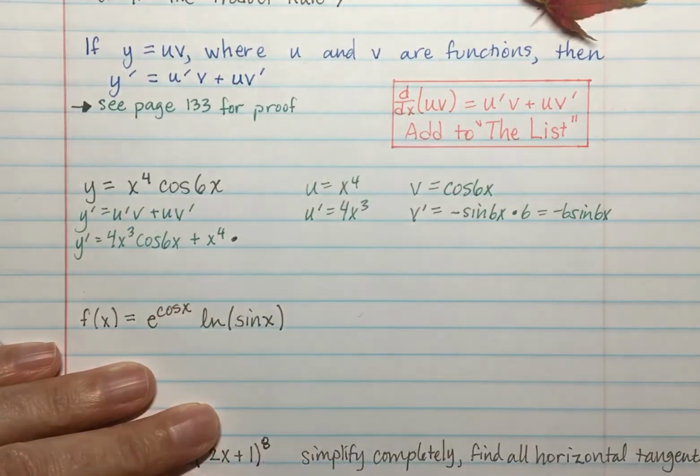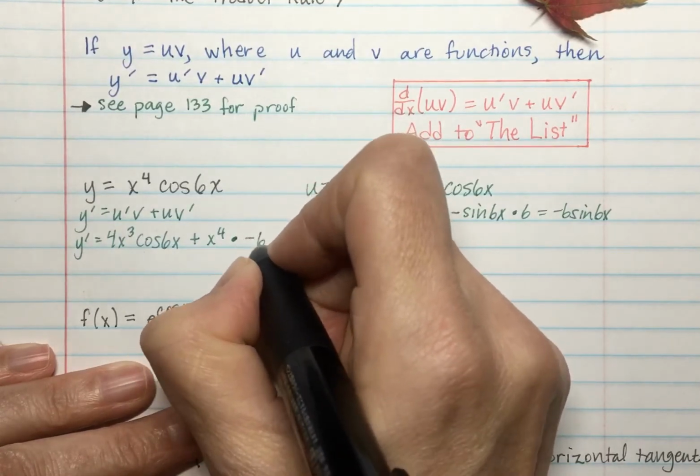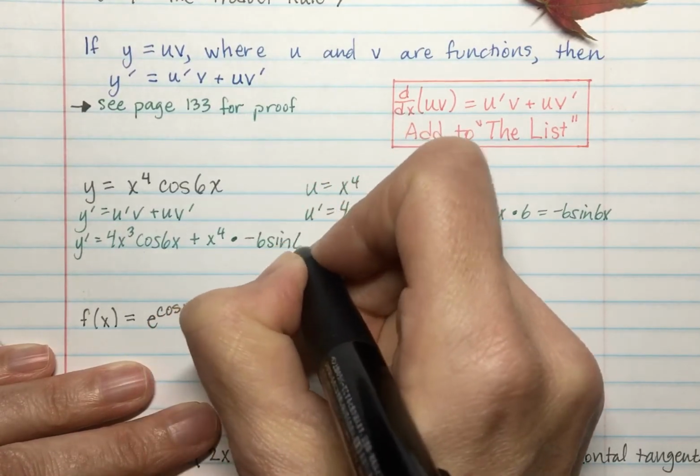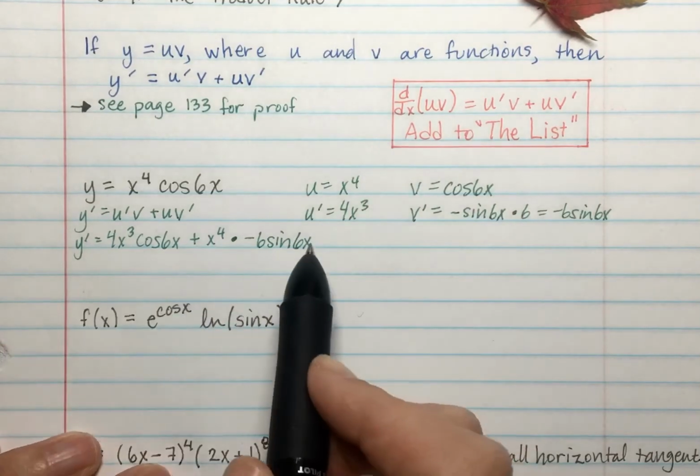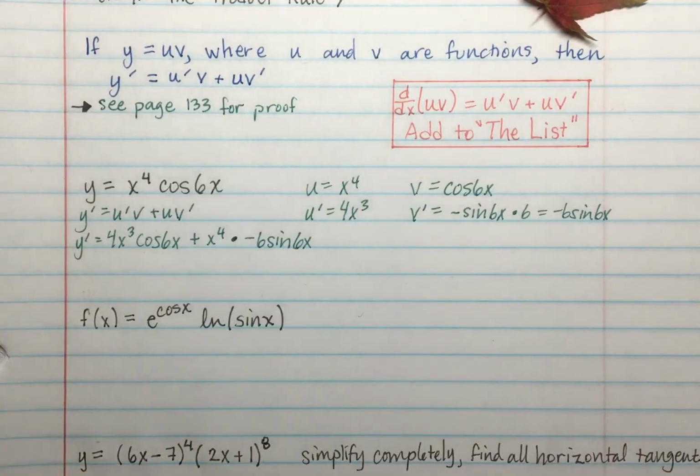Make sure you have a multiplication dot there. So times negative 6 sine 6x. I could clean this up a little bit, but I don't really need to. Okay. Example 1, done.